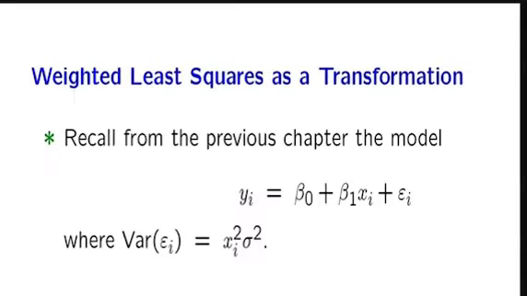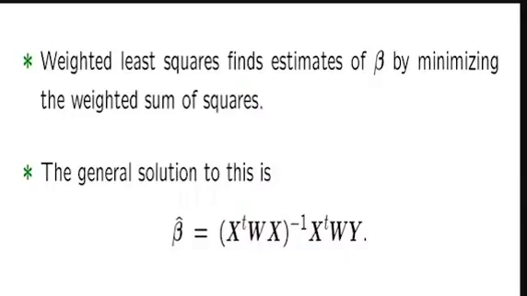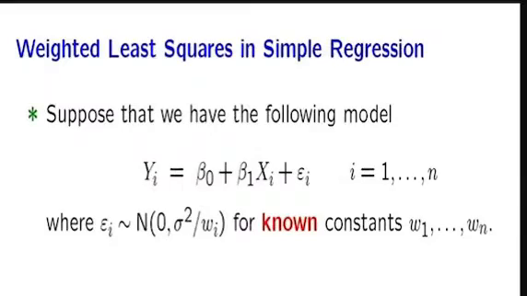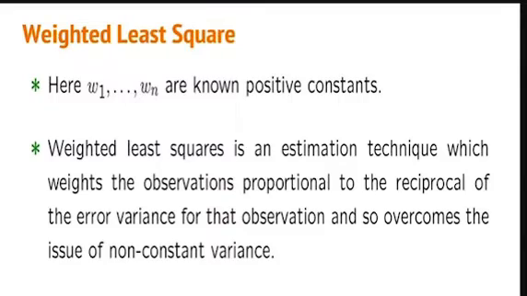Going back to the linear regression, if I consider the variance of the error in terms of weight, I said sigma squared divided by W, right? Do you see that?